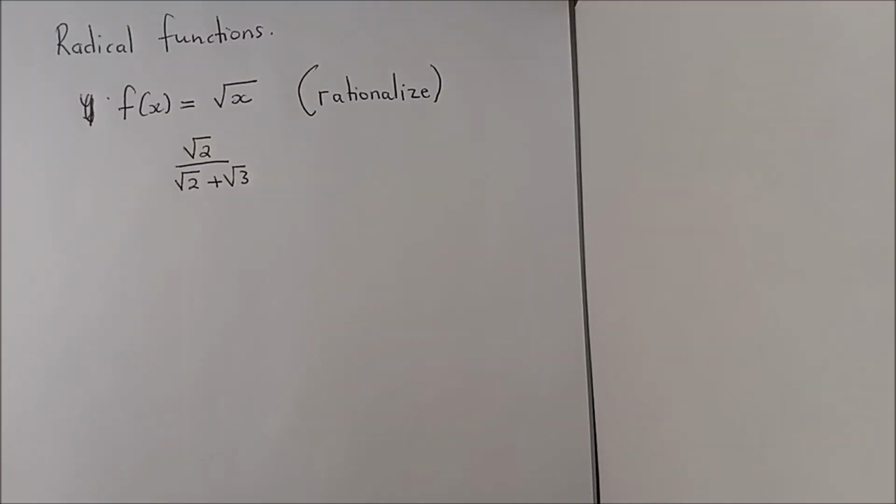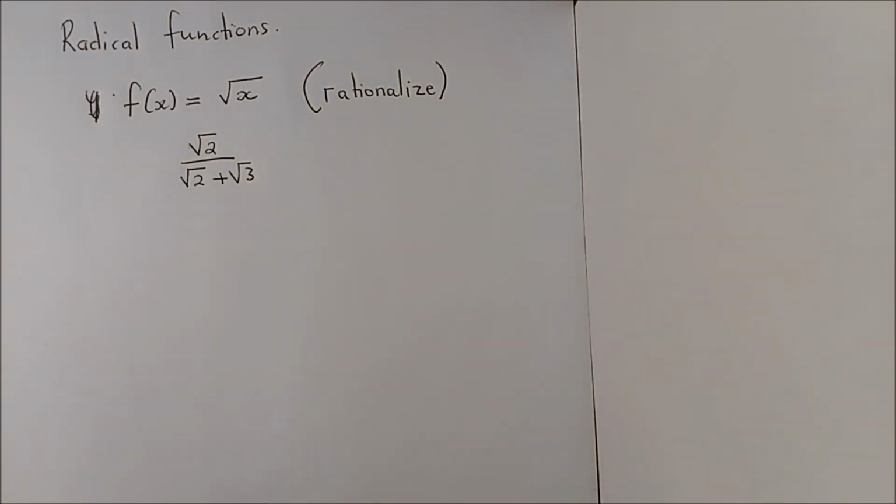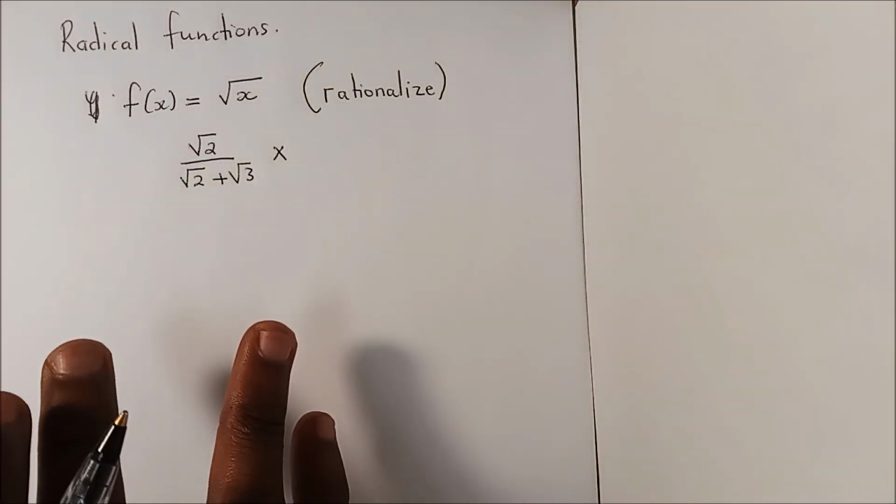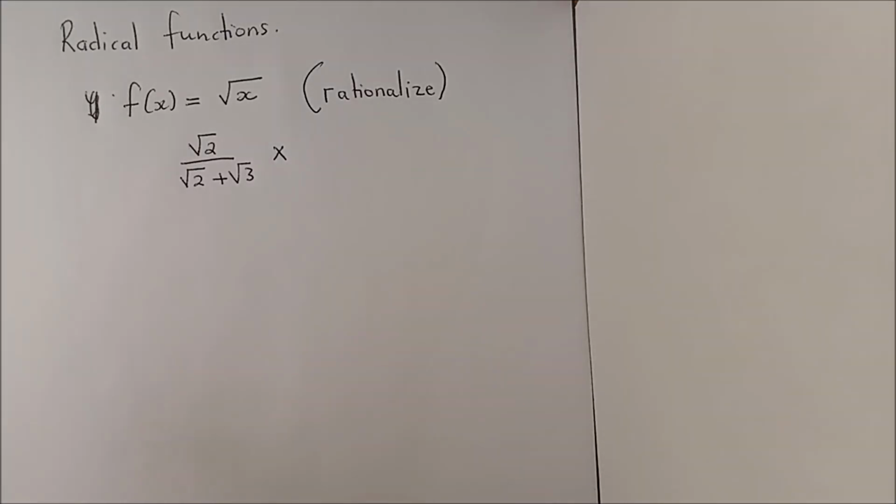To rationalize is to change a form, or to write an expression or fraction in a different manner. So what we'll do is look at our denominator, and then multiply the whole fraction by the denominator, but with a change in the middle sign, the sign that separates the two terms.